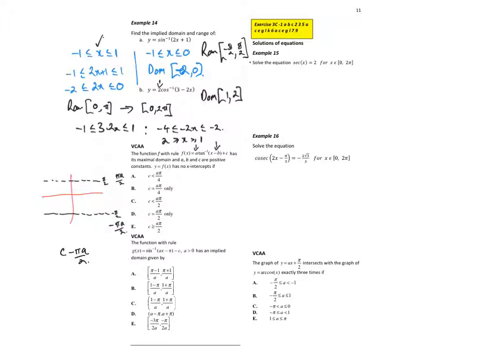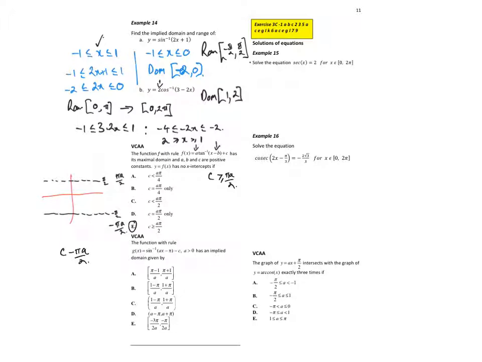So this will have no x-intercept, so we need the C value to be greater than pi A on 2. So that means if we manipulate for, oh, well, there's just a C there. Hopefully that's there somewhere. Has no x-intercepts if C is, oh, there we go, E. We can have greater than or equal to, because if it's equal to, it means the asymptote is going to be on the axis line. And so that's fine.